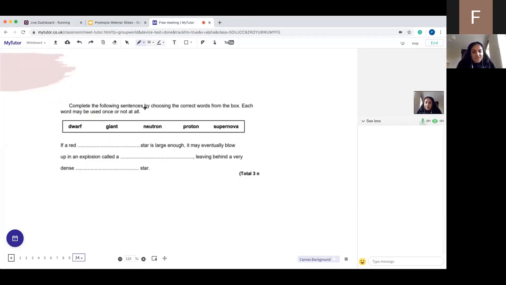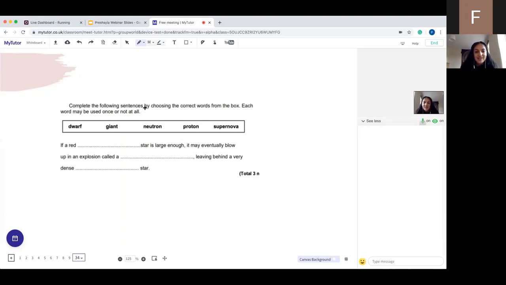Really, really common question, a good 6 marker or a 4 marker. But as I said, they're quite nice with these fill in the gap exercises, which takes some of the pressure off for you, because they can't test mathematics, so we don't have any formulas in this half of the topic. So it is important that you know your process as well, and you know your qualitative really well for space physics.